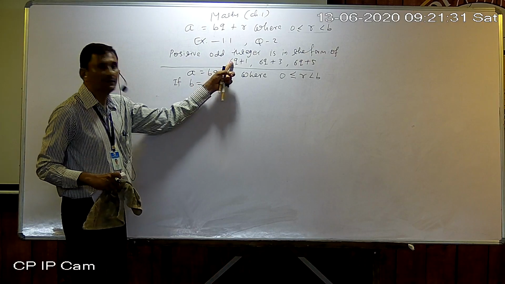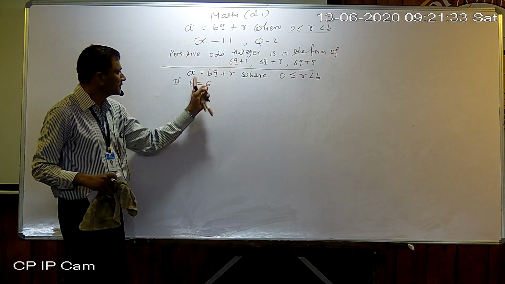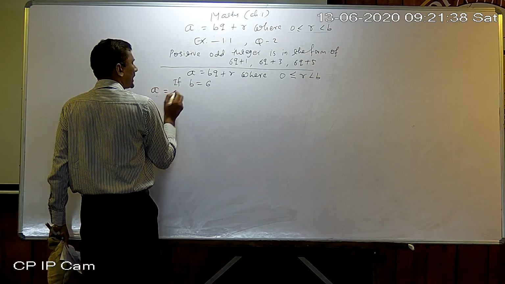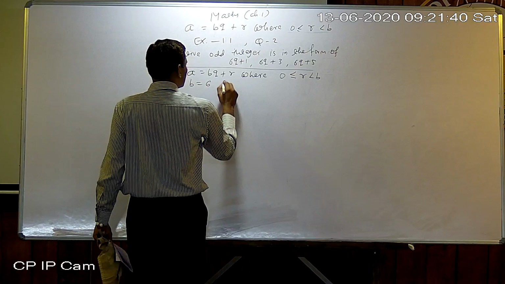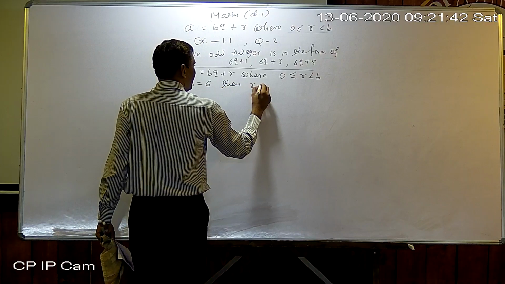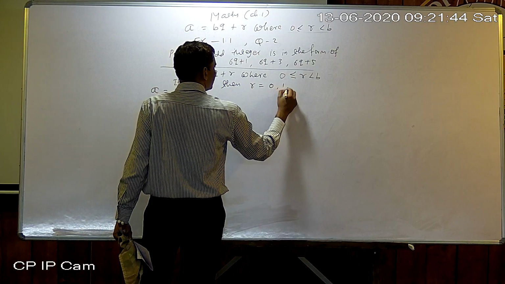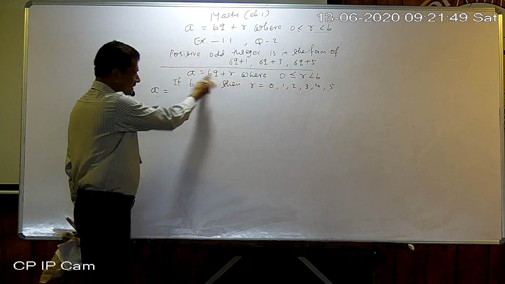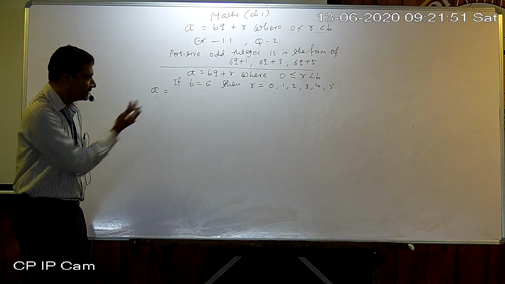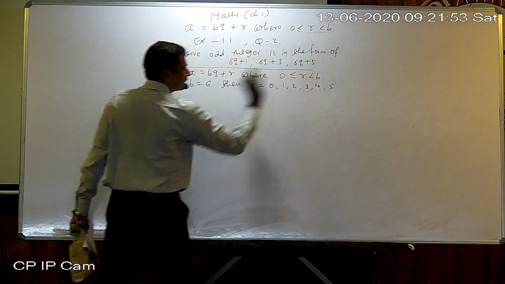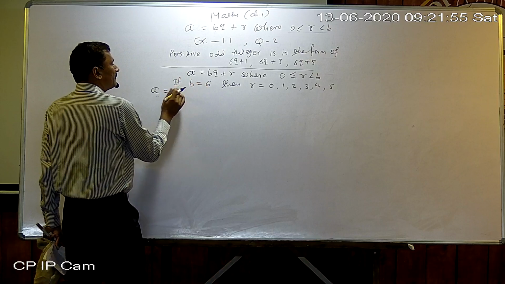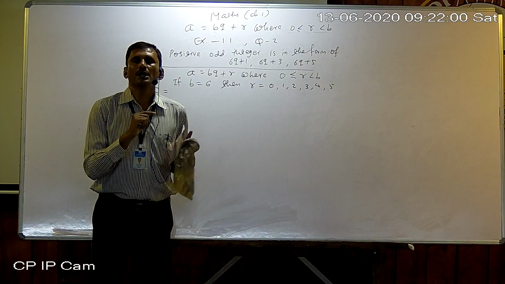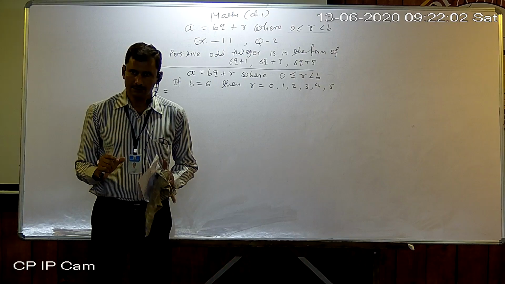That is given here, so b equal to 6. Then what can I write? Therefore a can be, if b equal to 6, then r equal to 0, 1, 2, 3, 4, 5. 6 numbers are possible, less than 6, less than b. So now I will have 6 expressions of the given positive integer.